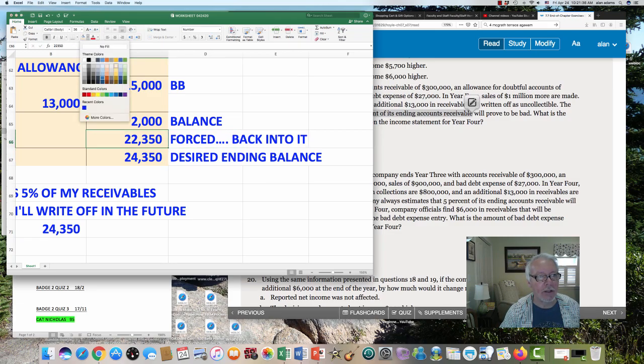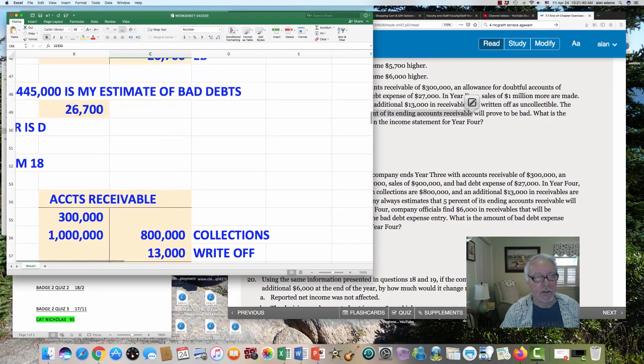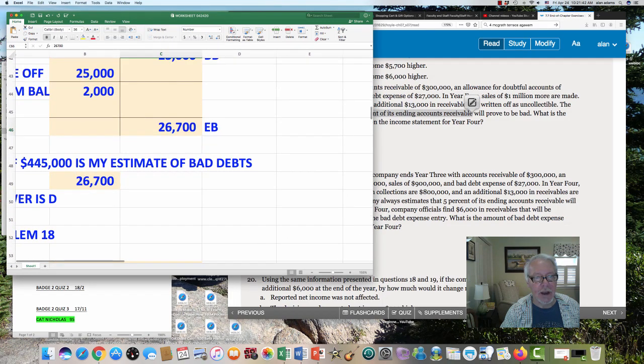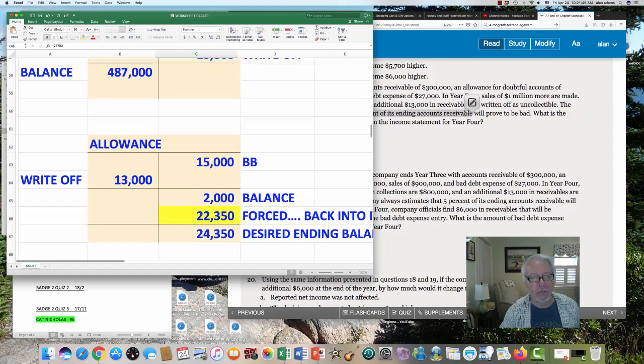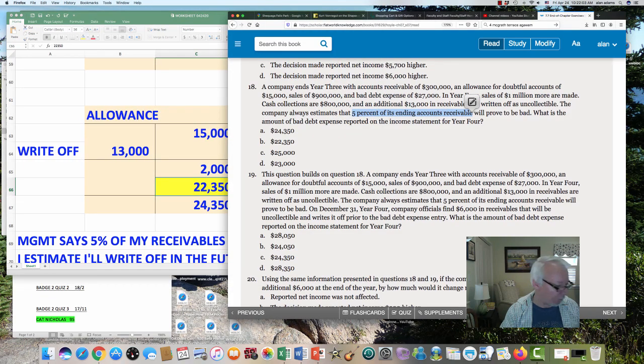So I'm just going to highlight that in yellow for you. And I'll highlight that one in the previous problem to show that that is our answer. So, again, I had 2,000 left over from all of this mess up here. Okay? 2,000 left. And I want 24,350, so I back into this number. The correct answer, therefore, is going to be item B.